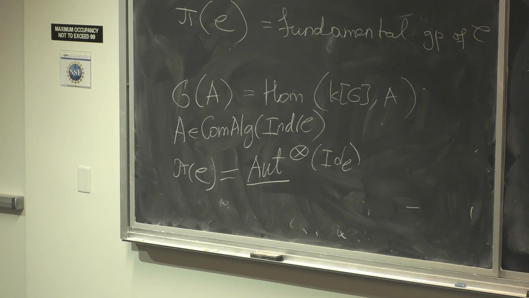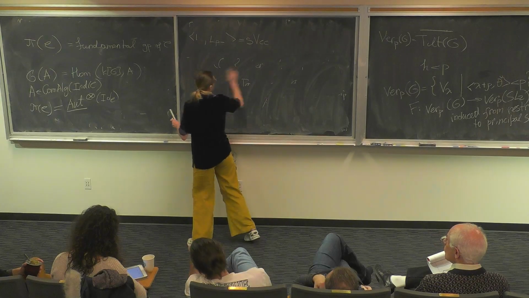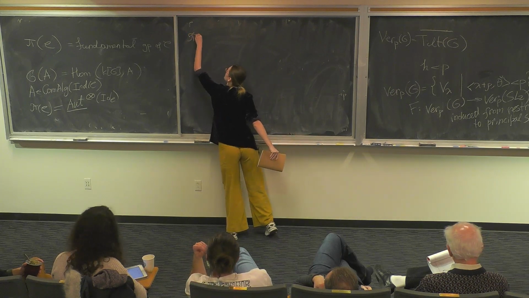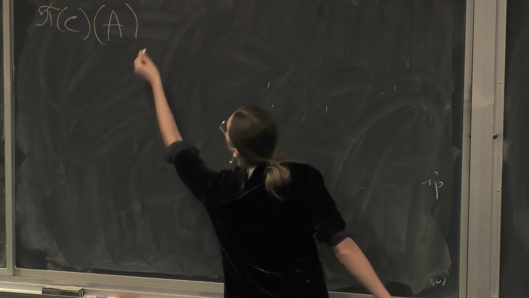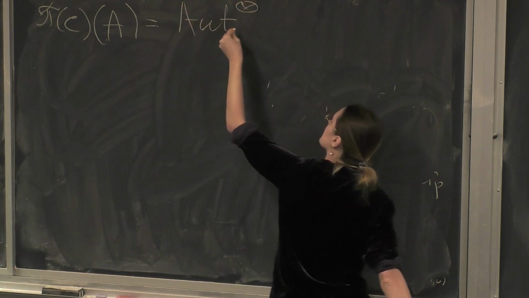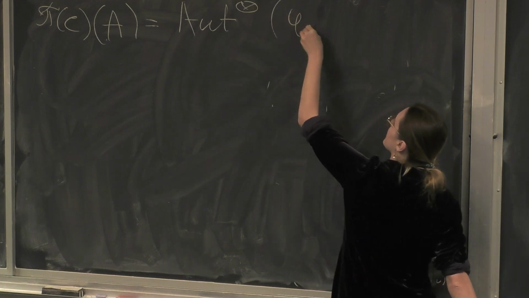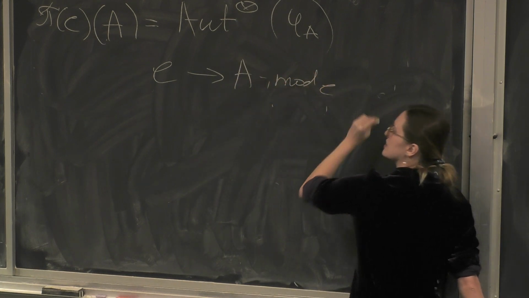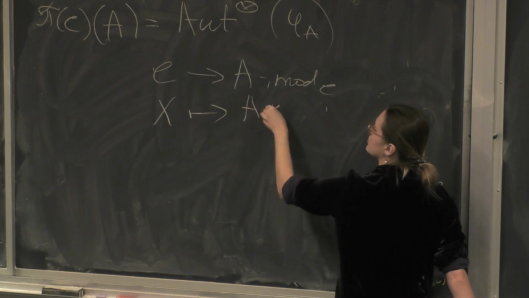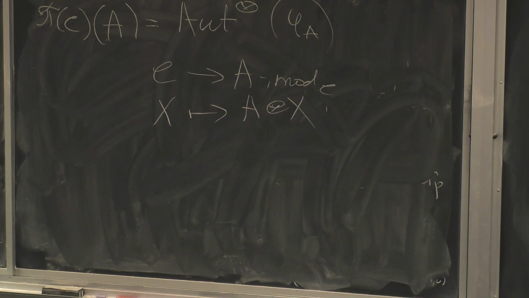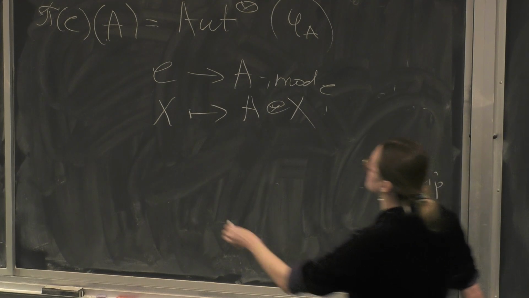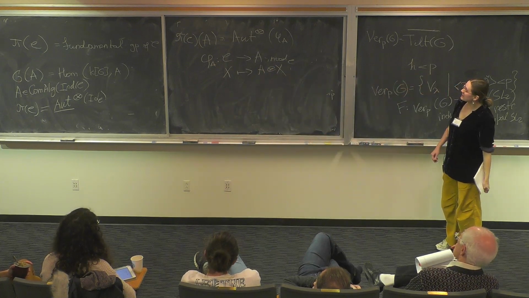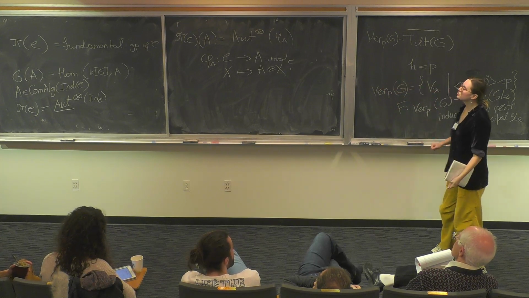The way you do this is, to each A you assign the tensor automorphisms of some functor, let me call it phi A. It's a functor from C to A-modules in C that sends every object X to the free A-module on X. And you can take tensor automorphisms of this functor.